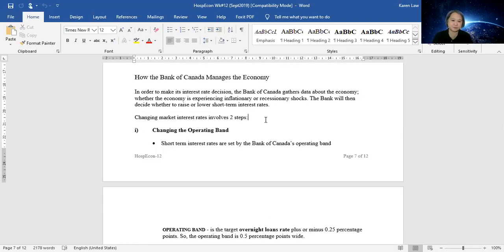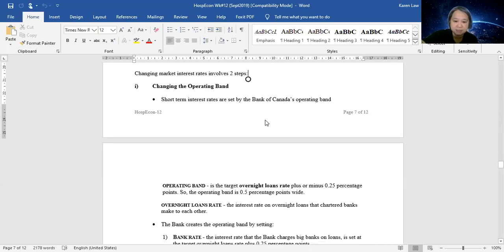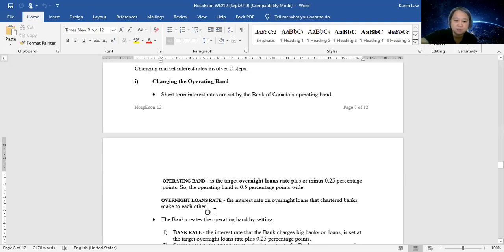That will determine whether they increase or lower short-term interest rates. So how the bank actually lowers short-term interest rates is they do this in two steps. Number one, they change what we call the operating band.